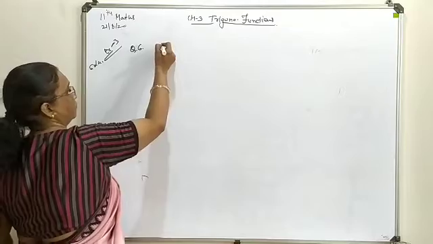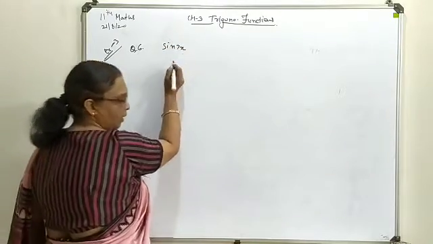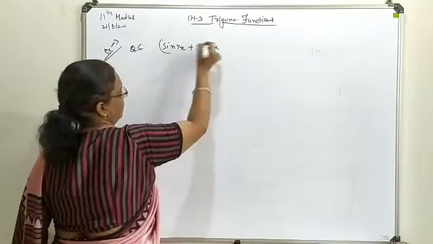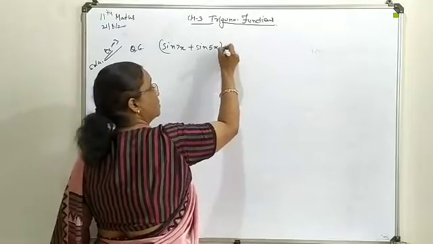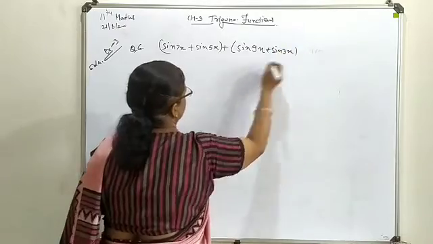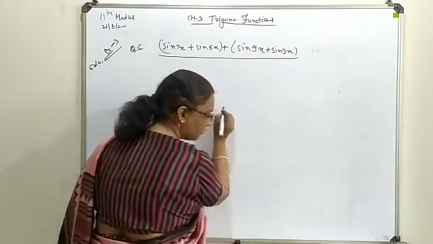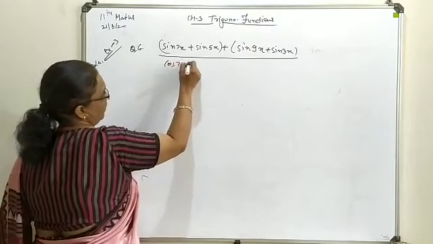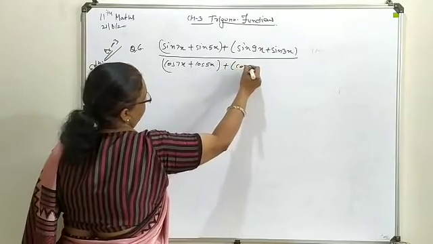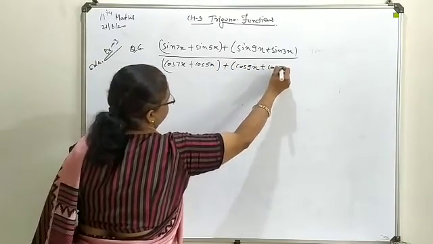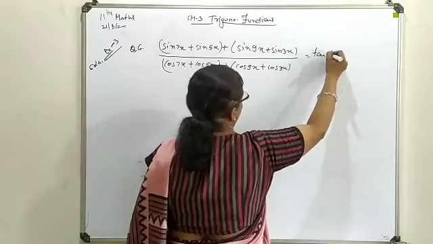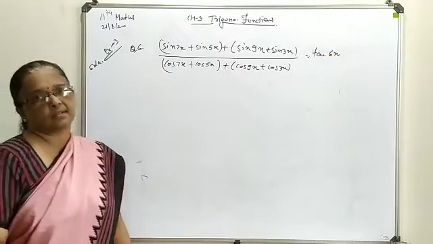So here, (sin 7x plus sin 5x) in one bracket, plus (sin 9x plus sin 3x), whole divided by (cos 7x plus cos 5x) plus (cos 9x plus cos 3x). And this whole combination you will turn into a single answer form, that is tan 6x.